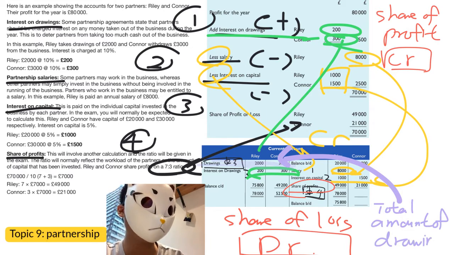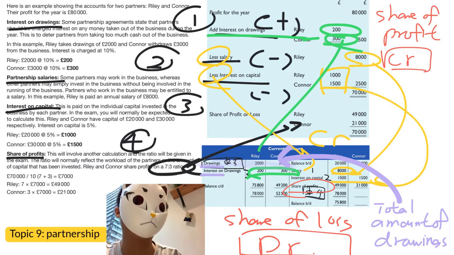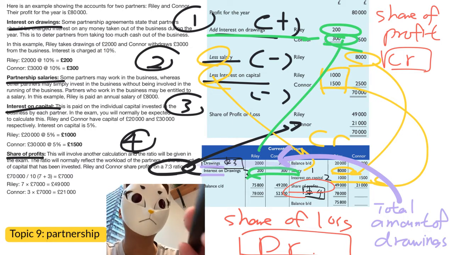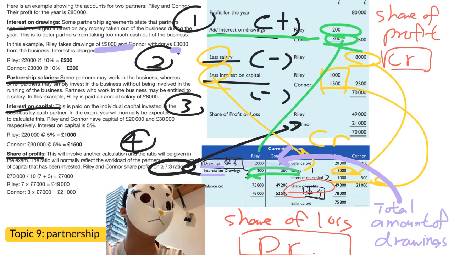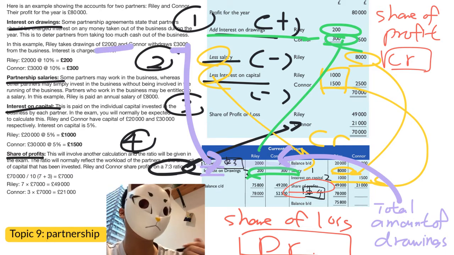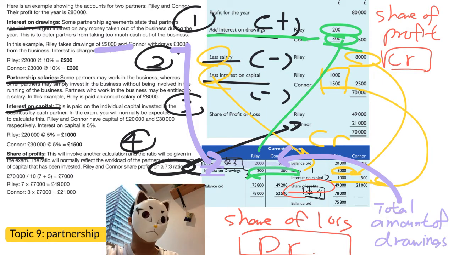So bear in mind, both the total amount of drawings and the interest on drawings, you have to put them down. So look for the drawings and put the total amount in the current account, and the balance will be put in the statement of financial position. These are the most important points for partnership.